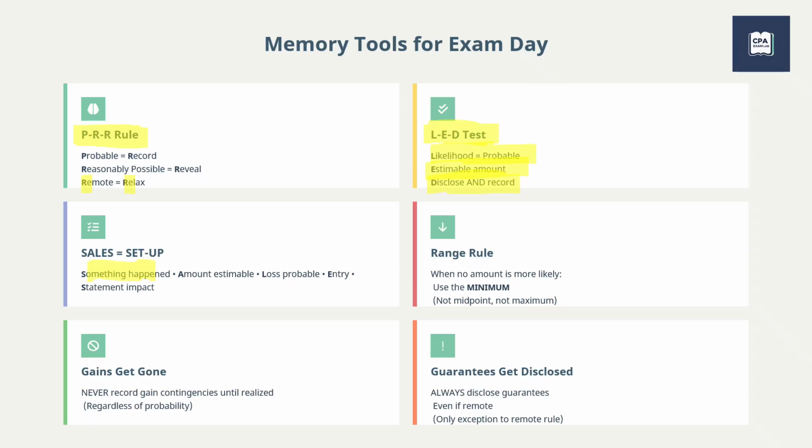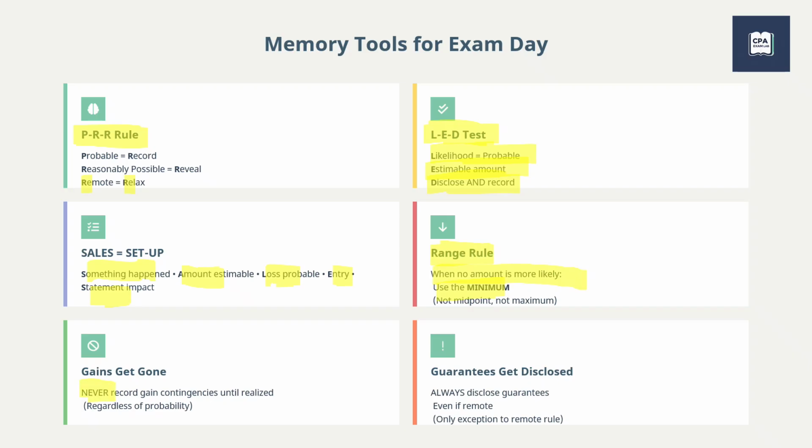So something happened, the amount is estimable, the loss is probable, we make an entry because there's a statement impact. In the exam, if it gives you a range and no amount is more likely, use the minimum. Do not use the midpoint, do not use the maximum.